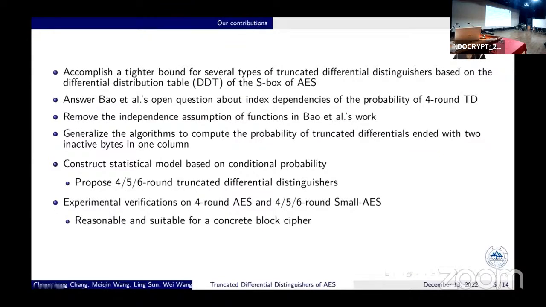Furthermore, we check some different 4-round computer differentials, which begin with one active cell and another with 2 inactive cells. Considering the conditional model, the statistical framework is defined and can construct new 4, 5, 6 round computer differential distinguishers. Moreover, we make some experimental verifications on 4-round AES and 4, 5, 6 round small-scale AES. The results show that the distinguishers are reasonable and suitable for other block ciphers.